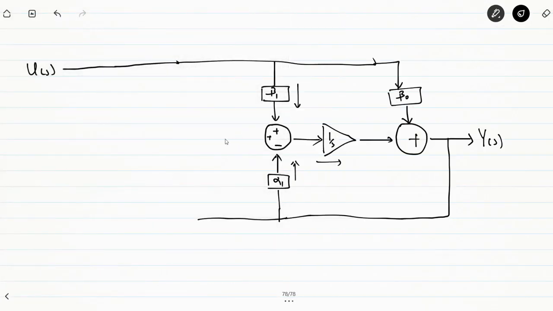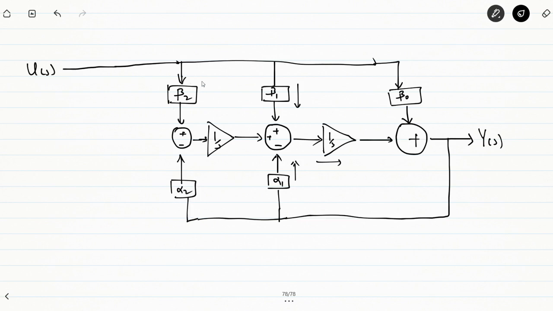Now let me show what I am doing here. यहाँ पे हम एक इंटीग्रेटर लेंगे 1 by s. तो यहाँ से ऊपर से बीटा 2 u of s आ रहा है, नीचे से माइनस अल्फा 2 y of s is passing through one integrator.